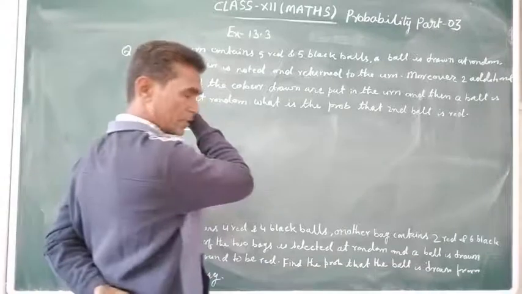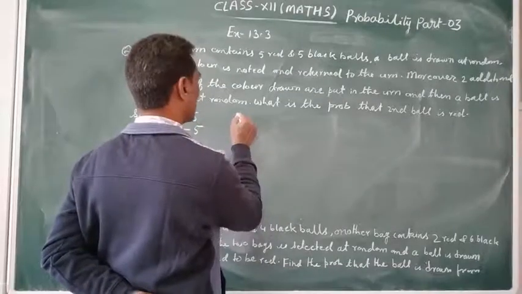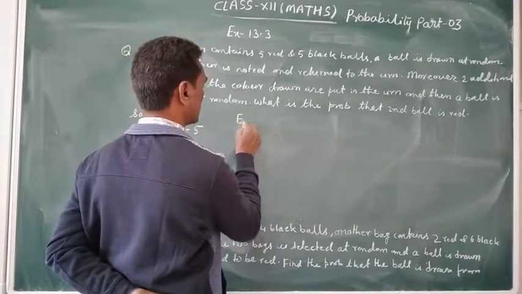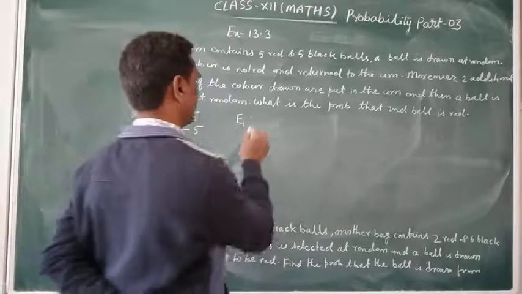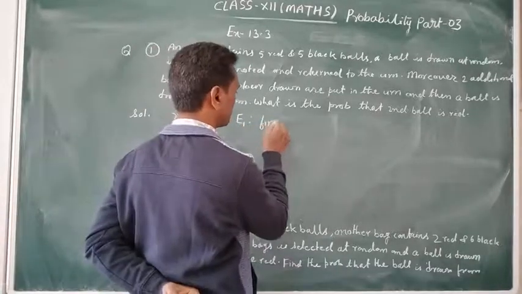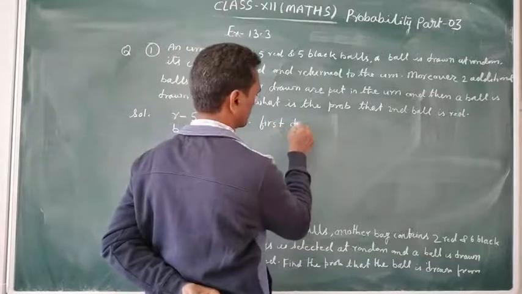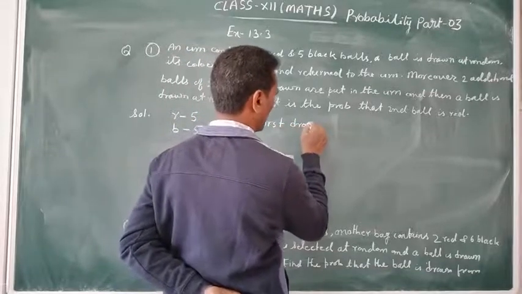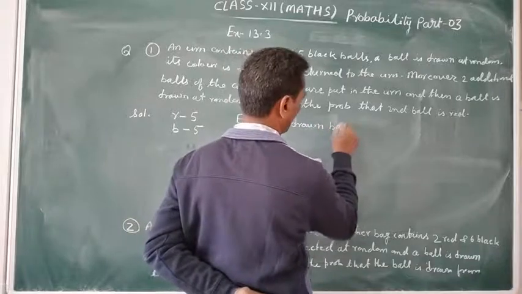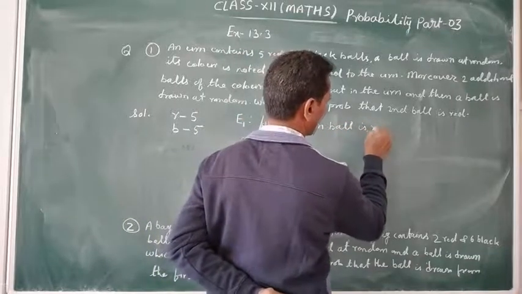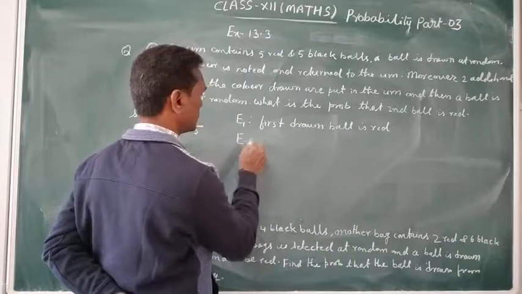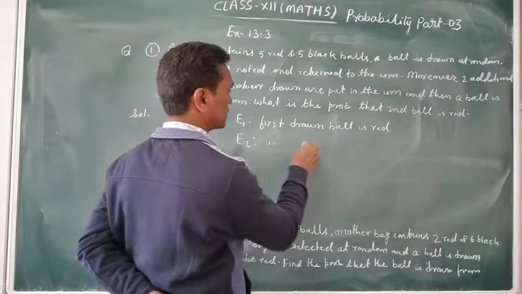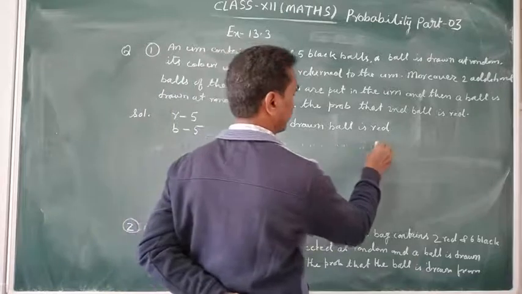So let us define the event E1: the first drawn ball is red. And E2: the first drawn ball is black.